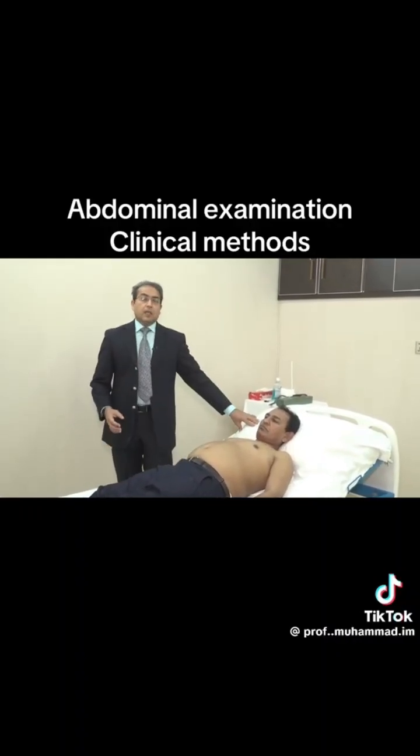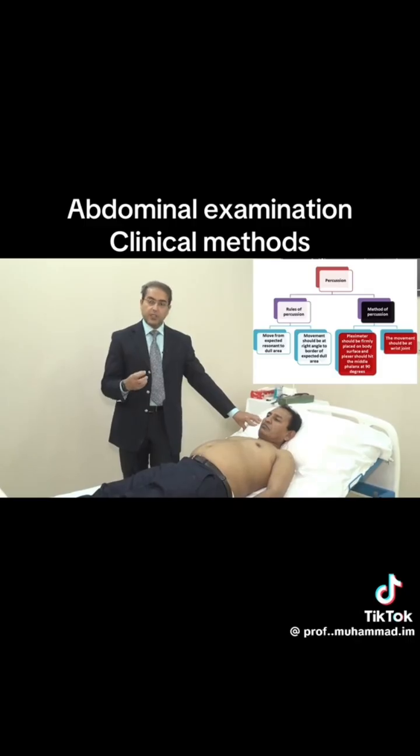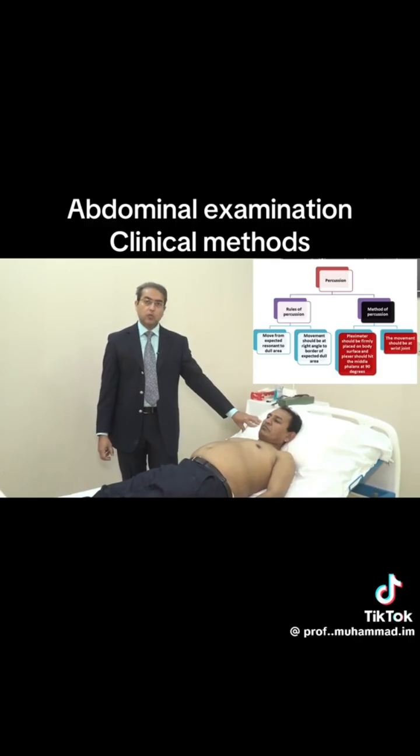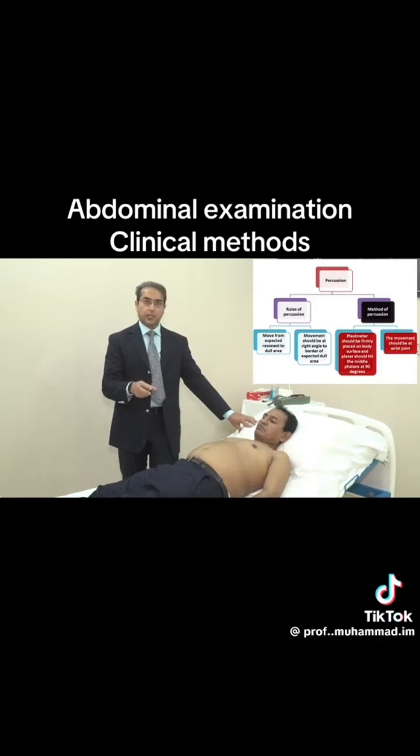And then you go for percussion. Percussion is an important step, particularly for confirming the findings of the examination on palpation. So we examine the percussion over the liver, over the splenic mass, over the urinary bladder, and if any mass is palpable, we percuss over it to see whether it is gas containing or not.